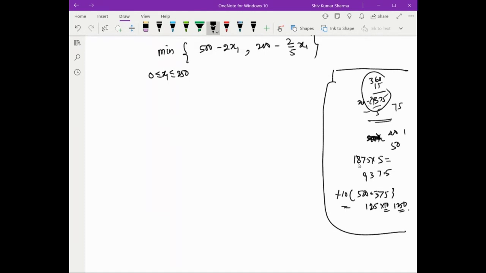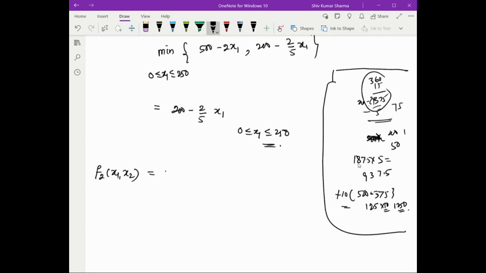So the second function gives the minimum values in various cases. So we write this equal to 200 minus 2 upon 5 x1, when x1 lies between 0 and 250.